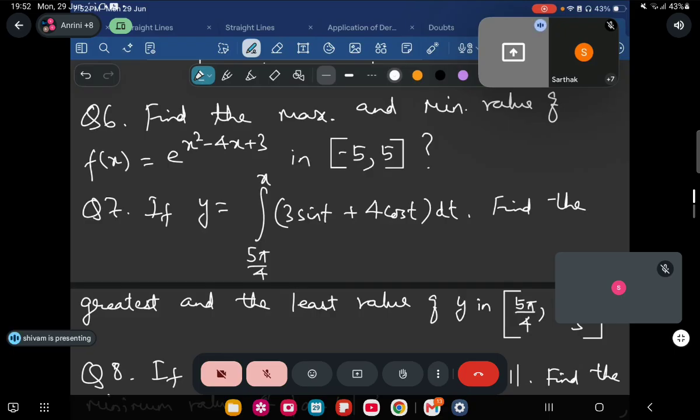Okay, Sarthak, maximum is correct. Minimum, you are making some mistake. Tell me, should I solve, Sarthak? So, one minute.